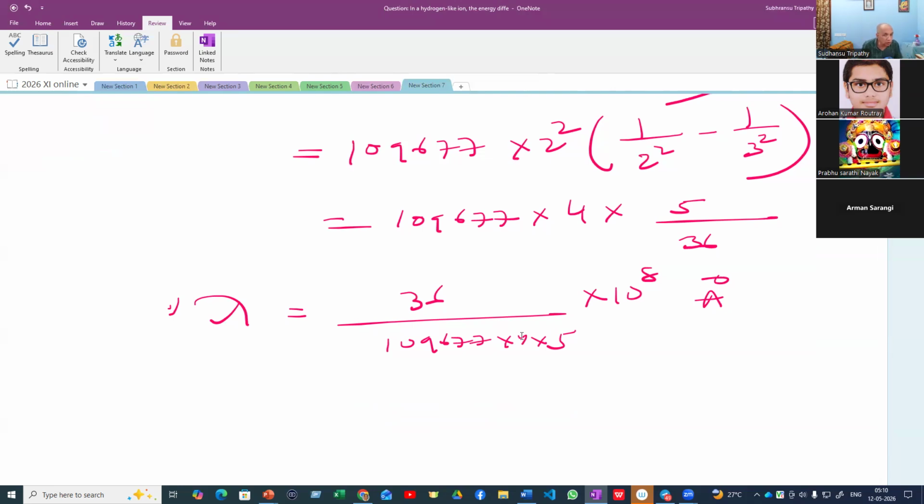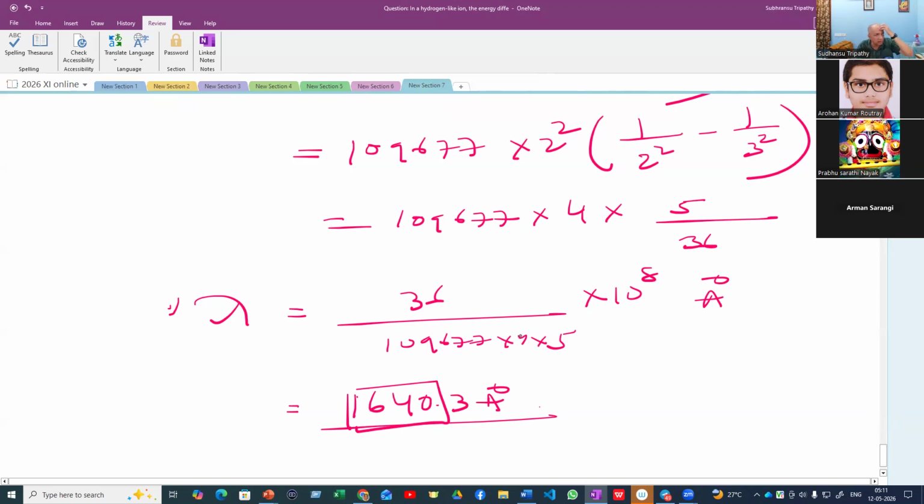The atom has more protons, 2 protons, so attraction will be more. So the energy difference will be more. Hence, nu bar will be more, lambda will be less. It is 1640.3 angstrom. Maybe if this comes the same, this 0.3 might be 0.2, doesn't matter.